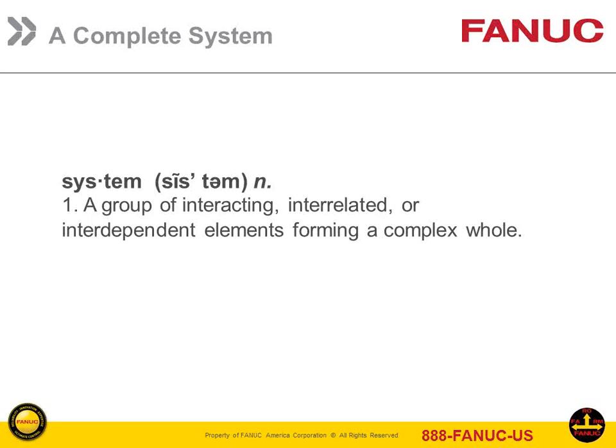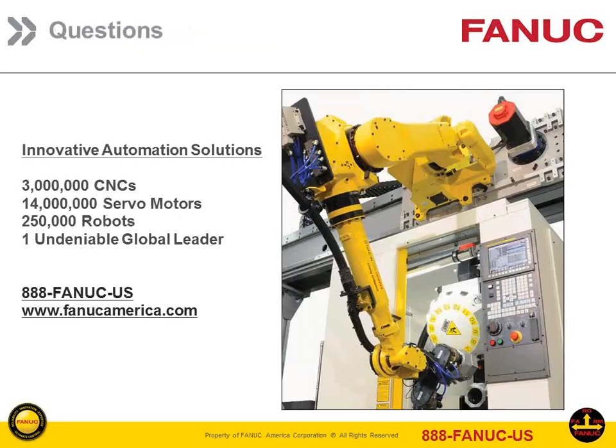All of the employees at FANUC try to work together, from our sales team to our service team to the vertical marketing to the aftermarket support, parts, training, and all of our engineering group, just like the system that we provide on your machine. We also have innovative automation solutions for a variety of different things.